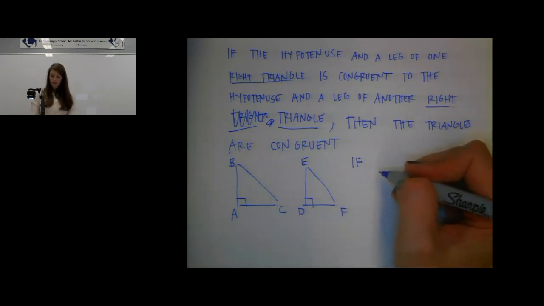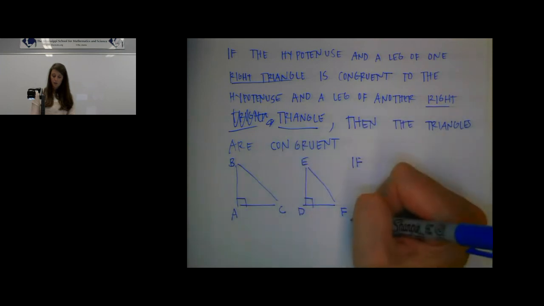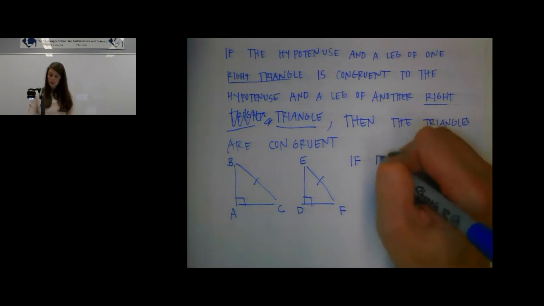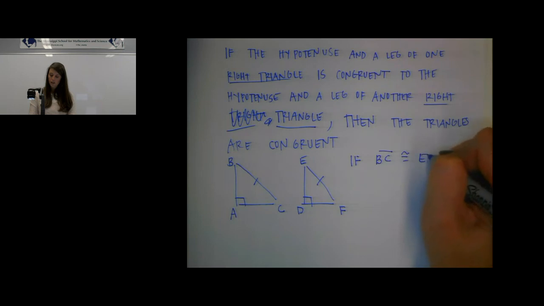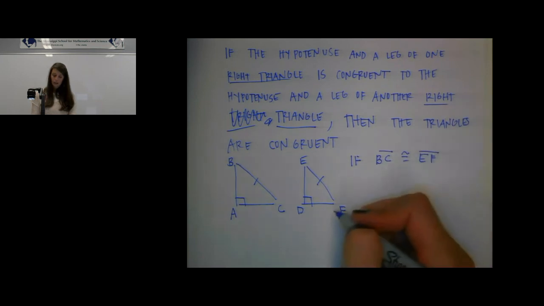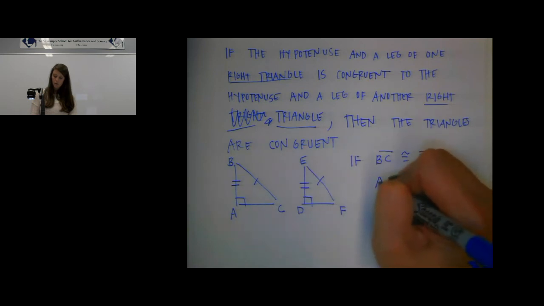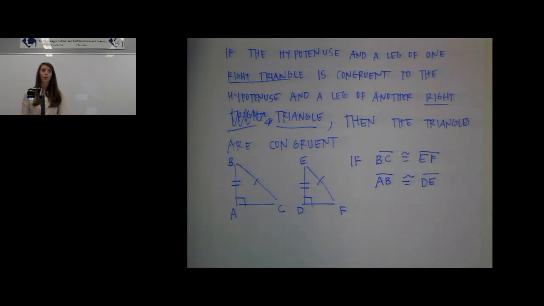Number two, if side BC is congruent to EF, because that's my hypotenuse, and side AB is congruent to DE, then the triangles are going to be congruent.